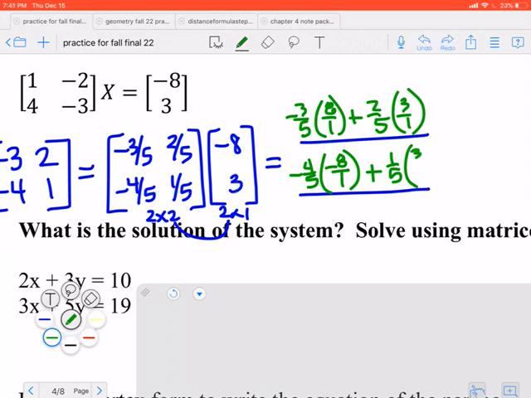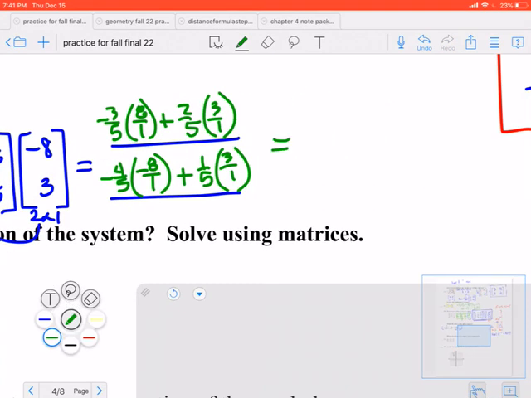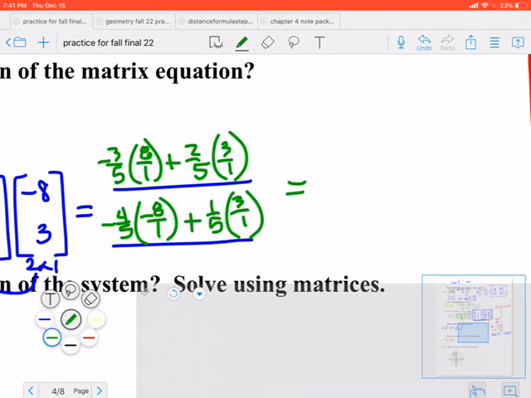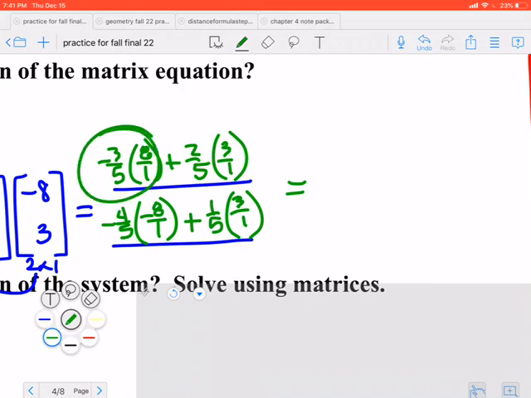Checking on myself. All right. Nothing will cancel. So we've got negative 24/5. Oh, I didn't mean to write it right there because I want the answer to go there. Negative 24/5 plus 6/5 is negative 18/5.